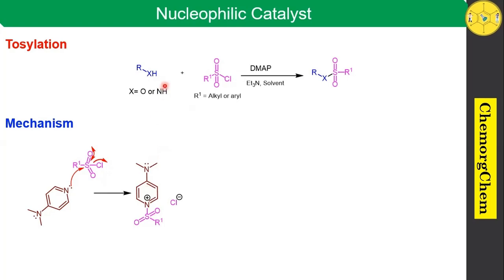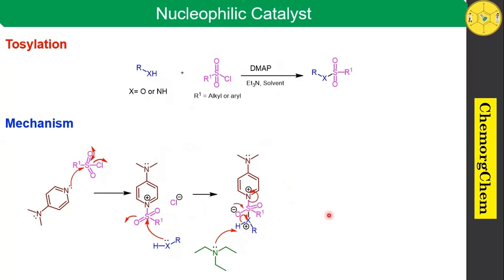This active intermediate reacts with an amine or alcohol. Now you see this lone pair of electrons attacks the sulfur atom, which produces this intermediate. Now triethylamine readily abstracts this proton, followed by this negative charge moving towards the sulfur atom, then followed by the kick out of DMAP, which produces the sulfonylated product.